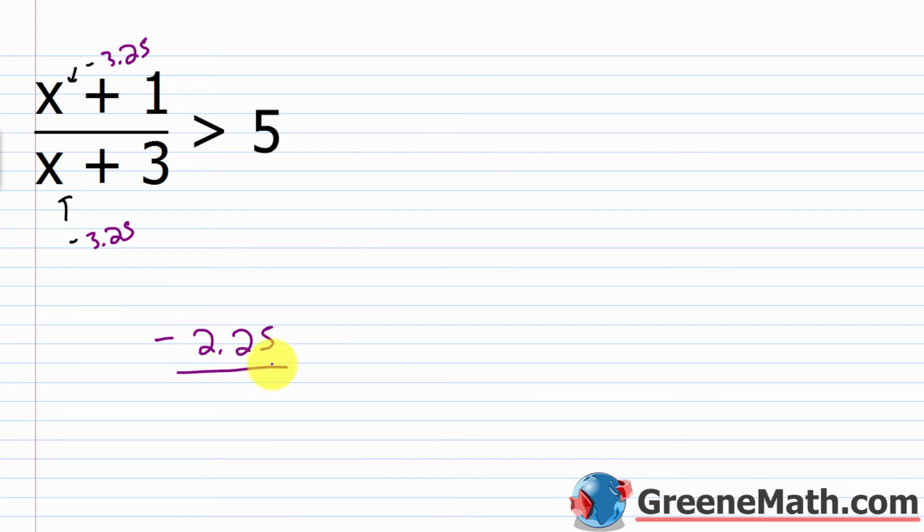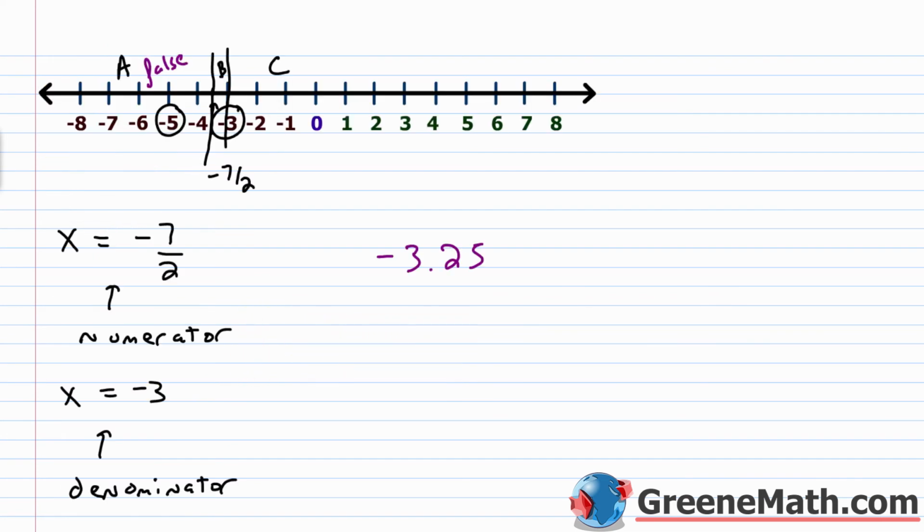Then this is over negative 3.25 plus 3, which would be negative 0.25. If I divided negative 2.25 by negative 0.25, I would get 9. So this would be 9 is greater than 5, which is true. So for region B, I could say this is true.